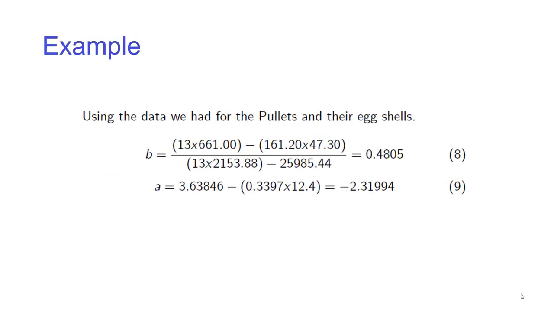So for example, using the data that we had for the chickens and their eggs from the correlation data from Spearman and Pearson's, b equals 13 times 661 minus 161.2 times 47.3 over 30. Anyway, it ends up being 0.4805. And a, when you substitute in the mean value of y and the mean value of x, turns out to be minus 2.31994. So that is the intercept.